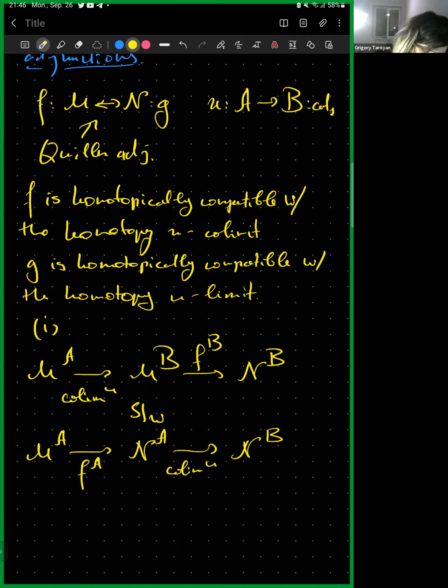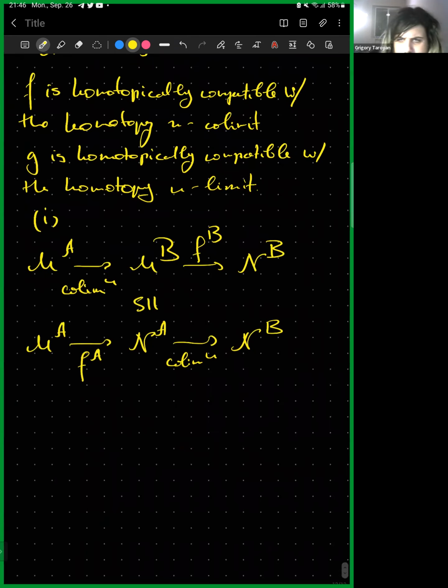And moreover, not only, sorry, I think that, yeah, that's not right. Okay, what is right is that this thing here is not only weakly equivalent, it is in fact isomorphic, because we're considering just usual colimit and colimit functors and usual categories. We just at this stage don't care about model structure.